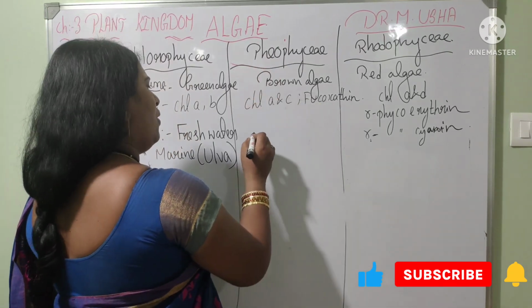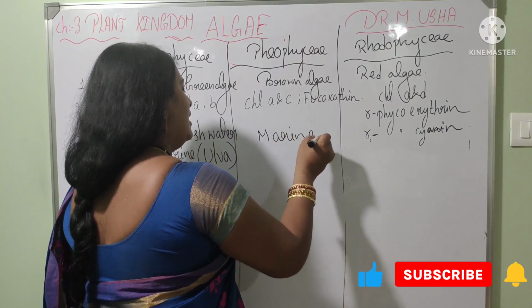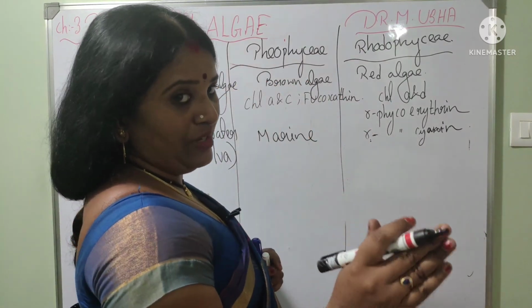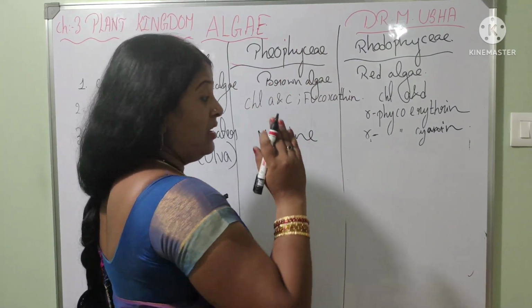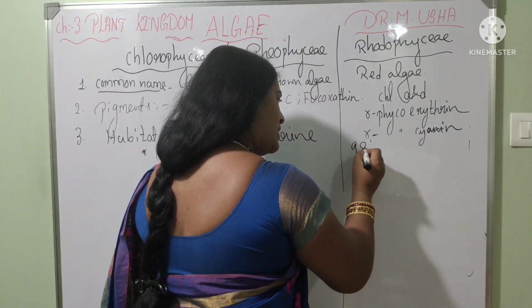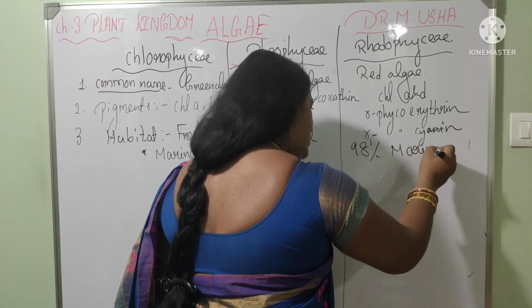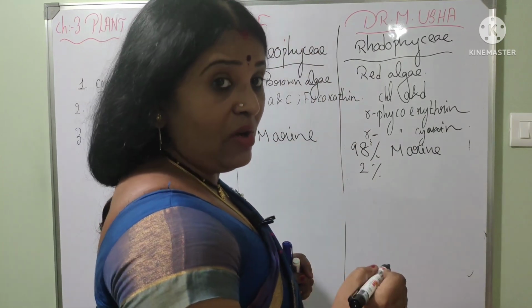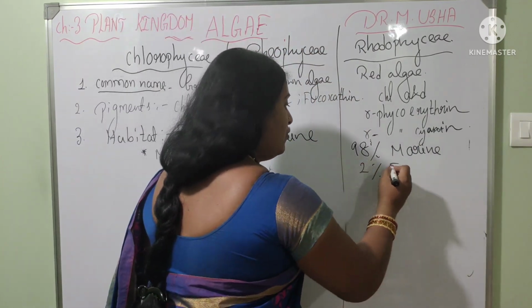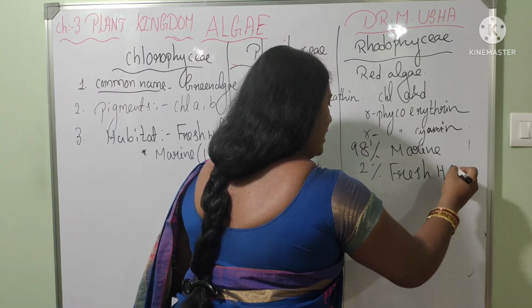Now Phaeophyceae are all marine, children. There is no discussion about freshwater in case of Phaeophyceae. Whereas in Rhodophyceae, 98% of red algae are marine only, but 2% of red algae are freshwater algae.